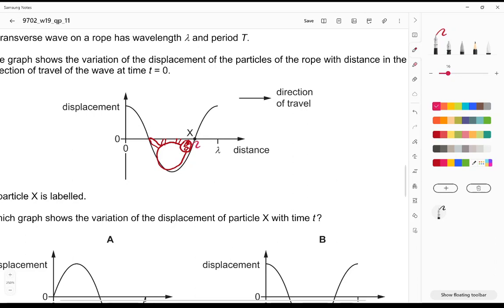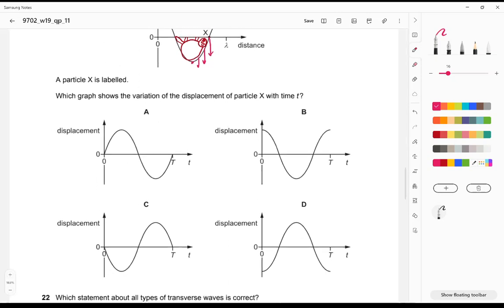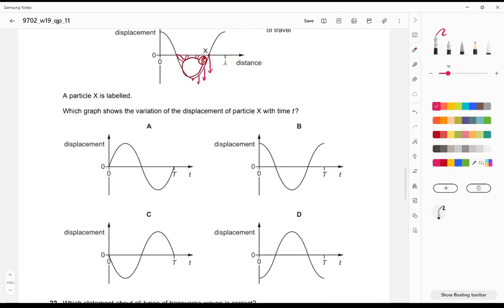So the idea is that if the wave is traveling this way, the displacement is initially going to be in the negative direction, right? Then it moves negatively, negatively, and eventually it reaches this position, and then this x point will tend to go up after that.